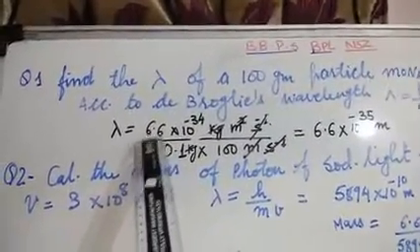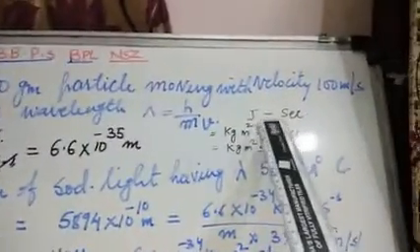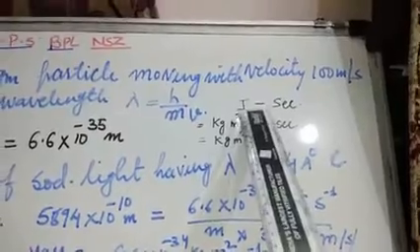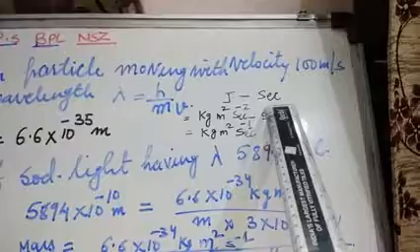The value of h is 6.6 into 10 to the power minus 34, and the unit we use is joule second. It is not joule per second, it is joule second.